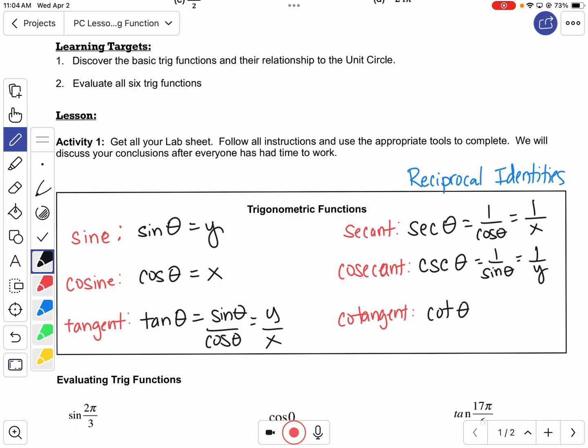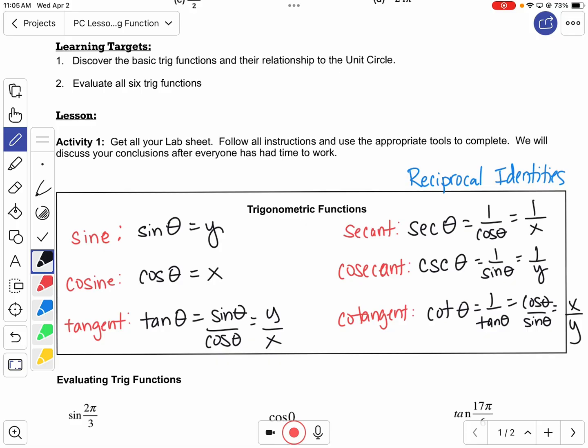Cotangent's the reciprocal of tangent, okay? And so when we say the reciprocal of tangent, we could say that a couple of ways. We could say 1 over tangent, but since tangent's already a ratio, I could just flip it, cosine over sine, which is x over y. Okay? They all mean the same thing.